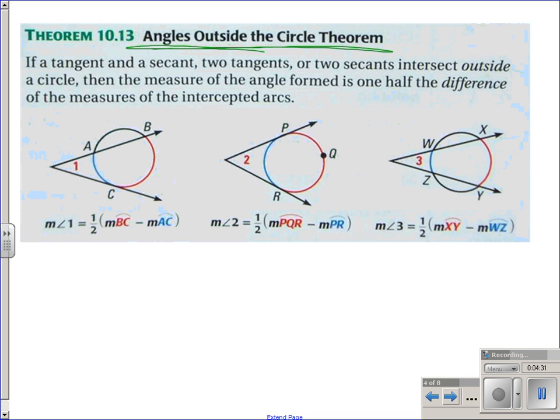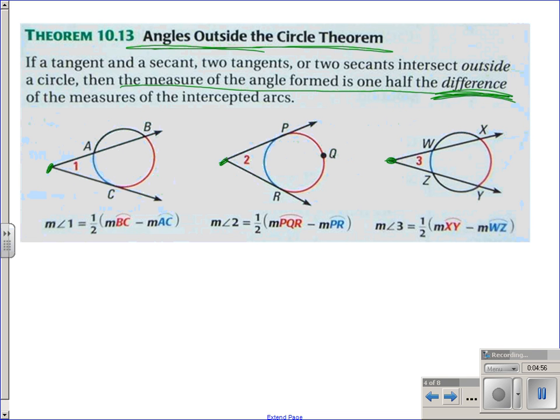In the last picture, it's two secants. The vertex that we're talking about is this point here, and this point here. The vertex of the angle is outside of the circle. The key thing here is the measure of the angle formed is half the difference of the measures of the intercepted arcs.